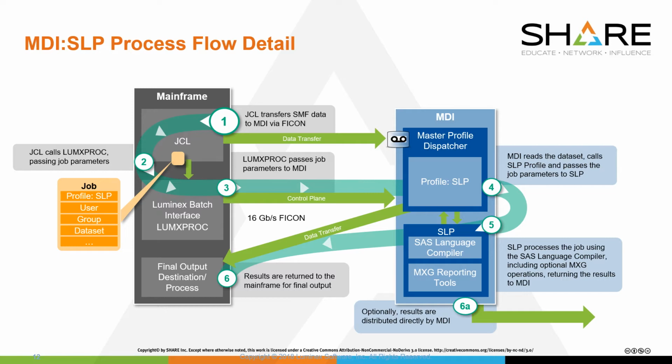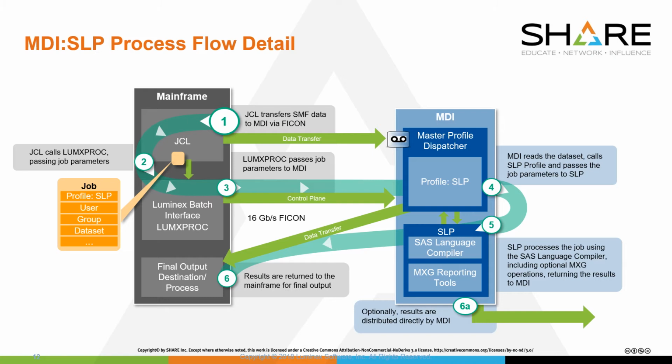There, the MDI will read the data sets, pass the job parameter over to the SAS language processor on a separate server. It will actually execute using MXG, same way you're doing today.